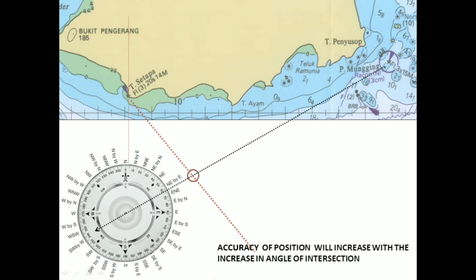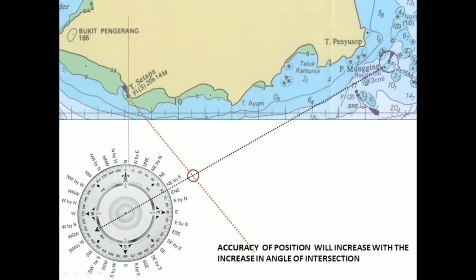Now the accuracy of the position would increase if the angle between the two observations is big. Because, as I said, two lines not parallel to each other will meet somewhere. Depending upon the angle, they might meet in quite a lot of places, or only in one place. If the angle is 90 degrees, they cut exactly at one point, and if the angle is less, let's say 10 degrees, then the meeting stretch would be more.